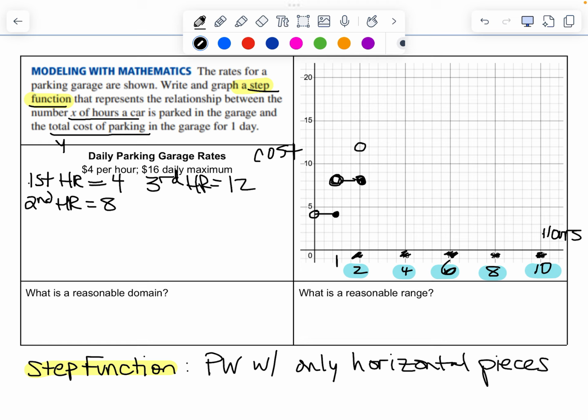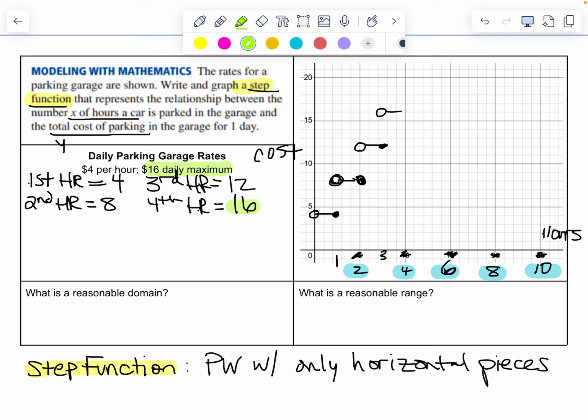That was a big circle. Let's try that again, a little bit better. Let's draw a line. But remember, and this is the key thing here, it's going to be a maximum of $16. So what this garage is saying is that once you hit this $16 mark, we're not going to charge you anything else. There's not going to be $17 or $18 or $20 or $30 or whatever. We're going to keep that going.